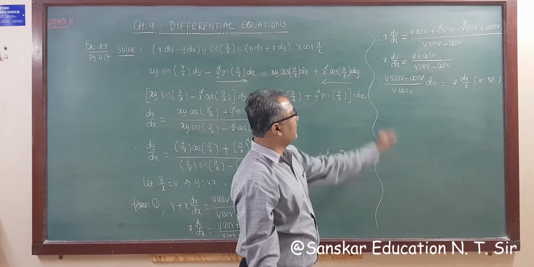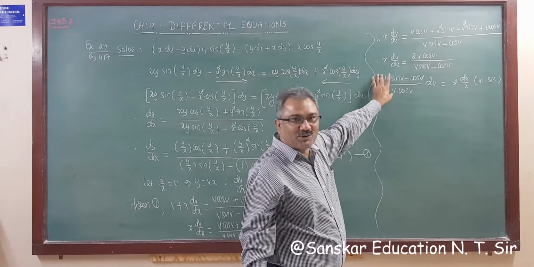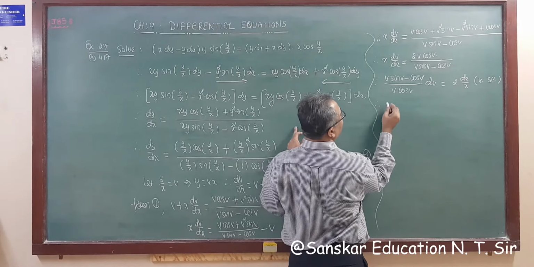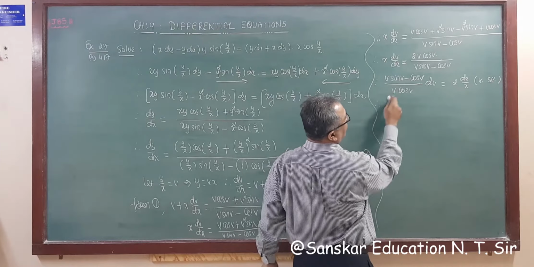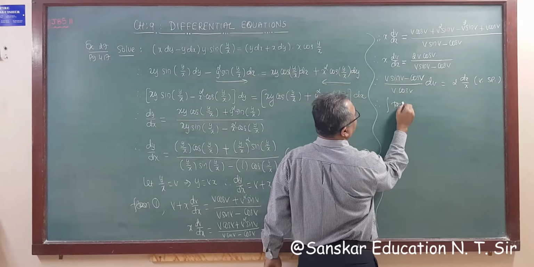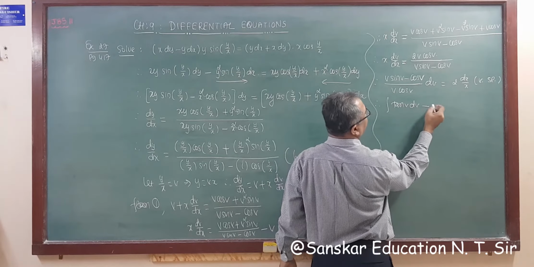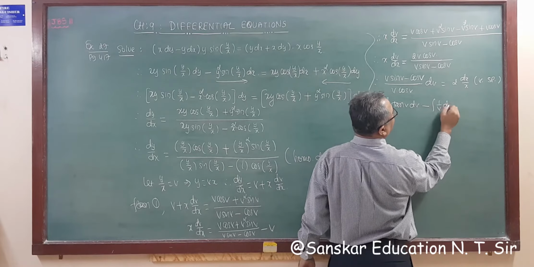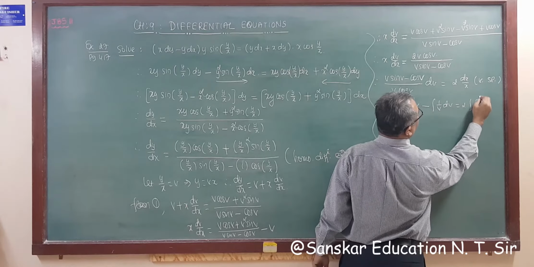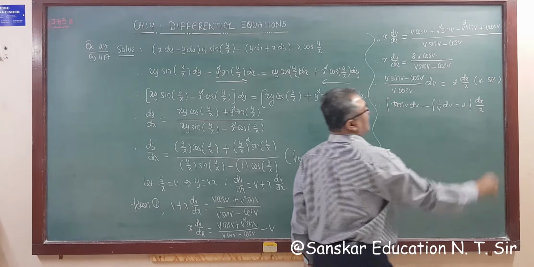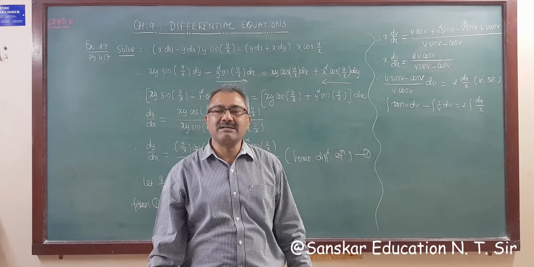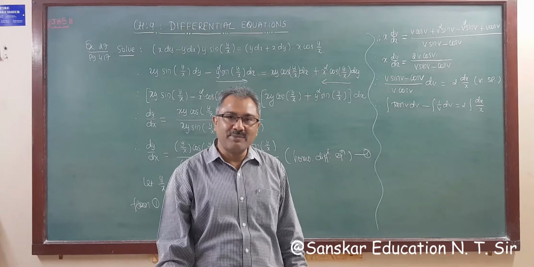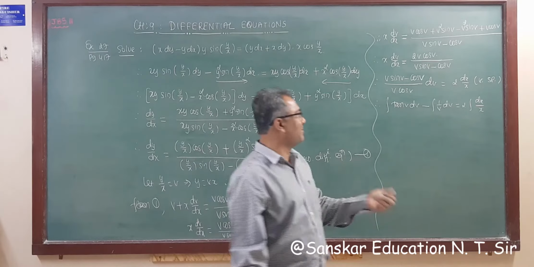So integrating and bifurcating also, for reducing the step: sin upon cos is tan v dv minus integration, cos cut, v remaining, 1 upon v dv is equal to 2 times integration dx upon x. Any problem? No problem. Very good.